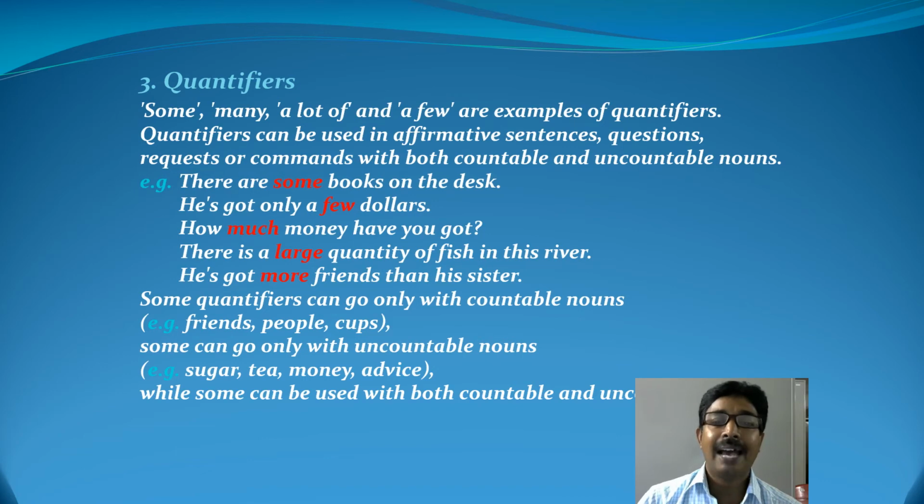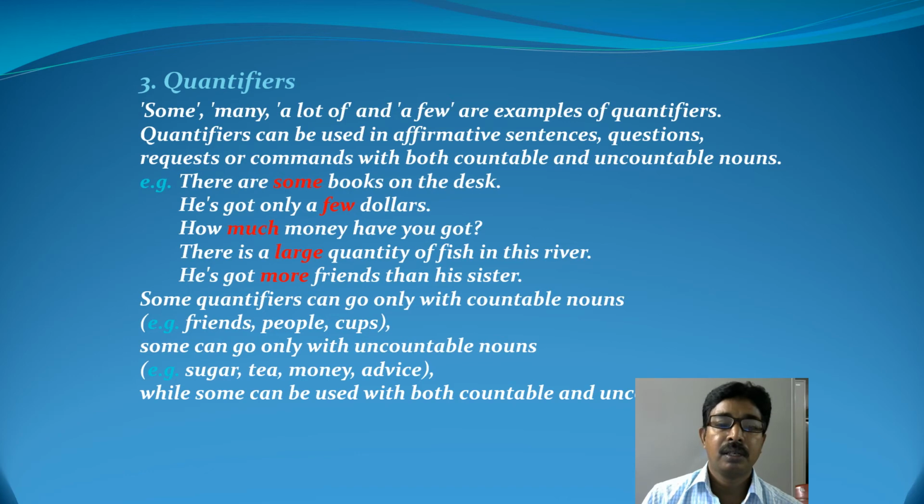How much money have you got? There's a large quantity of fish in this river. He has got more friends than his sister. And some quantifiers can go only with countable nouns.